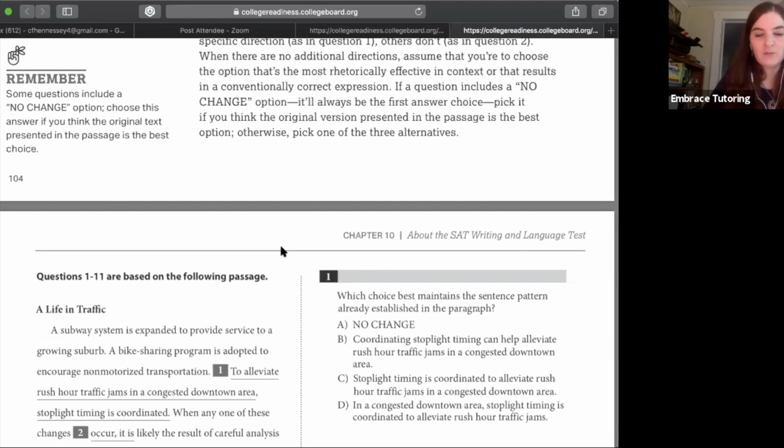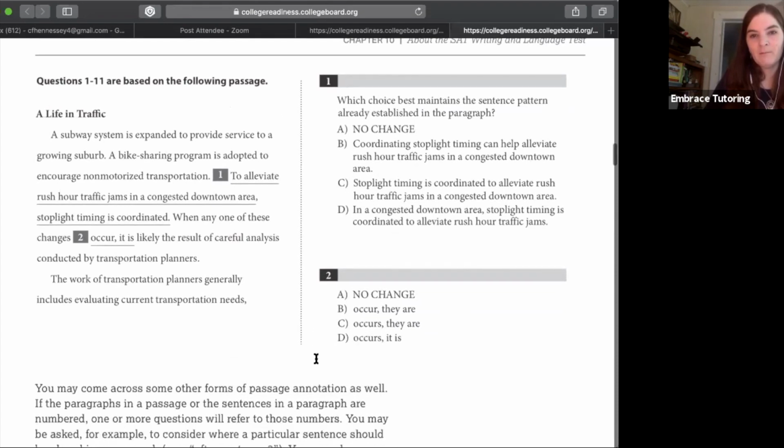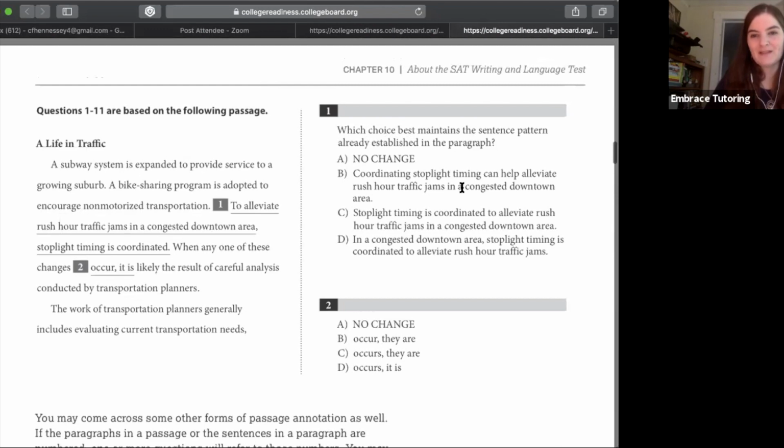So you want to keep all those things in the back of your mind as you go through these sections, because they're going to try to trick you in terms of whether or not they use a comma, and they're not going to tell you necessarily what specifically they're looking at. If you look at question 2 here in this example, you can see it's very different from the structure of 1, which asks which choice best maintains the sentence pattern already established in the paragraph.